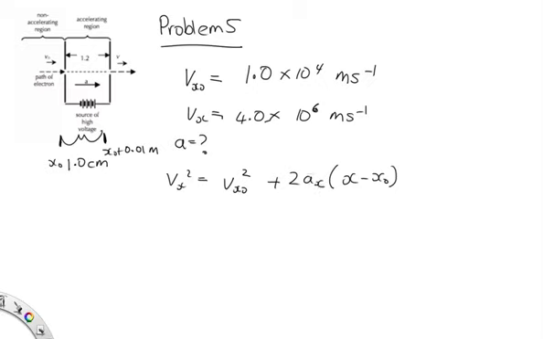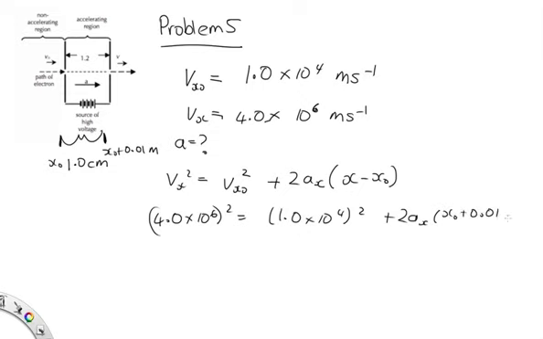And the only thing we don't actually know is this acceleration, which is what we're hoping to find. So we've got 4.0 times 10 to the 6 squared is equal to 1.0 times 10 to the 4 squared plus 2ax times x, which is x naught plus 0.01 minus x naught, which is x naught. Okay, these x naughts cancel out.